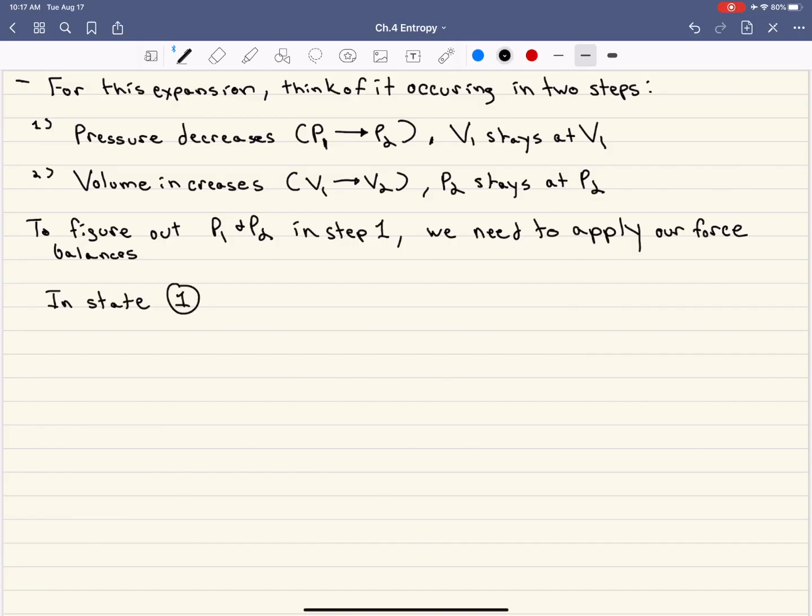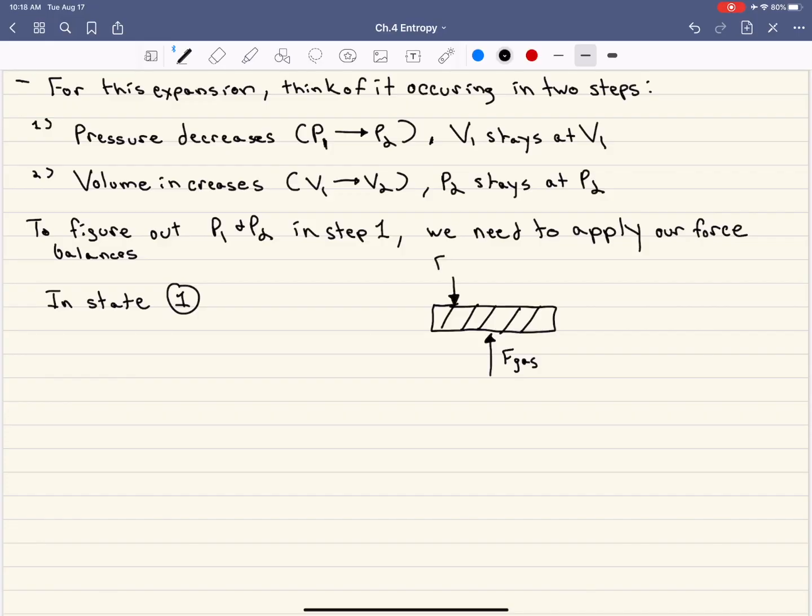when we apply our force balance, we should draw our free body diagram. So here's the piston, and the gas is beneath the piston, colliding with and hitting that piston, and so it's applying a force in the upward direction. In the downward direction, we have 3 different forces acting on the piston.